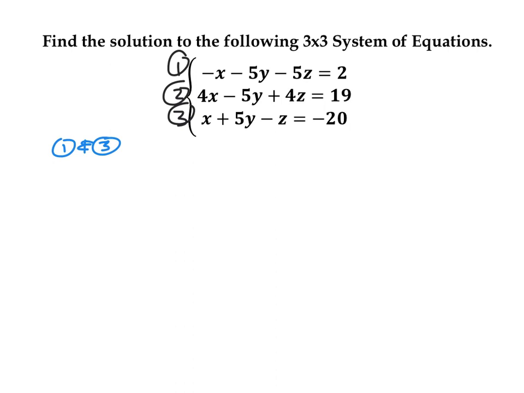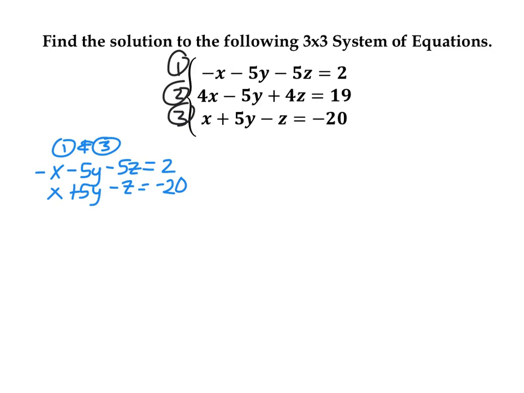So I have negative x minus 5y minus 5z equals 2. And then equation 3 is x plus 5y minus z equals negative 20.